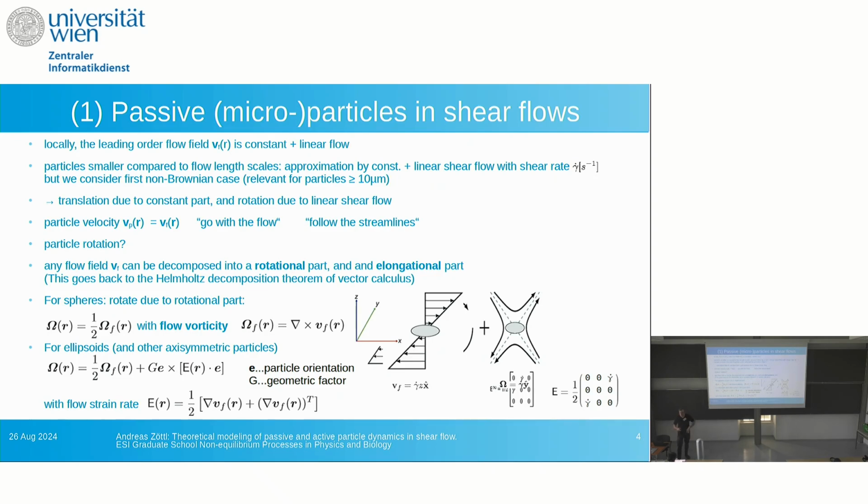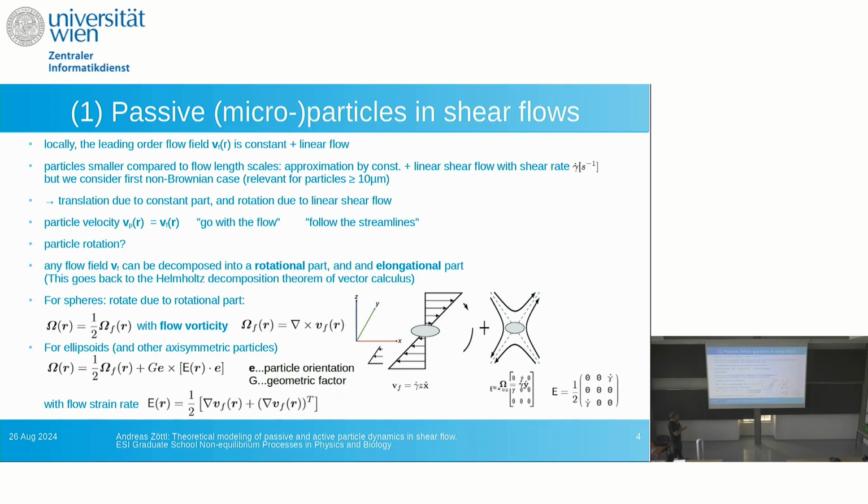And then again, if you solve the linearized Navier-Stokes equations, you can see that not just for spherical particles, but also for elongated particles, you get for the rotation of the particle, on top of this vorticity-induced rotation, this extra term, which depends on the strain rate. And there is this prefactor G here. This is a geometric factor. We will see it on the next slide. This is related to the shape of the particle, essentially to the aspect ratio of elongated particles.